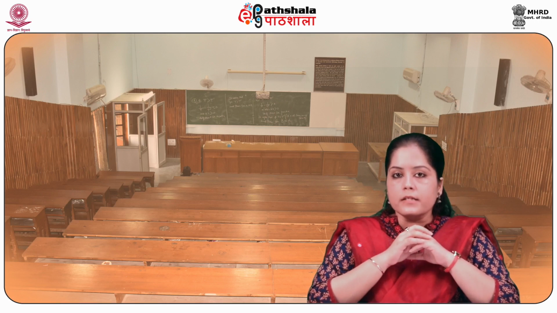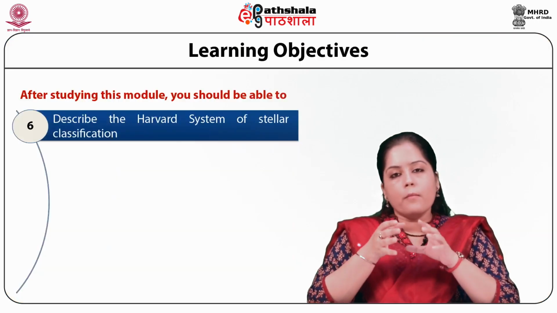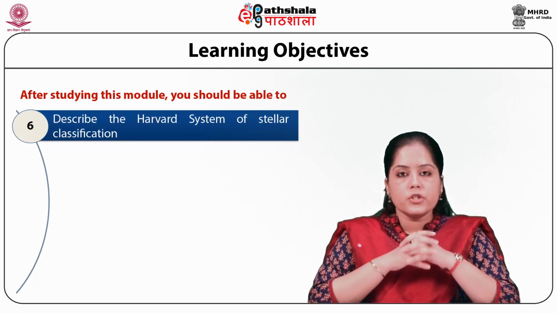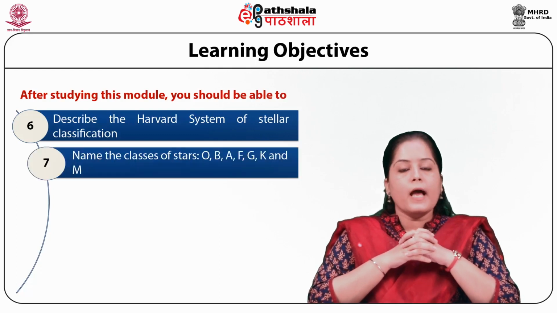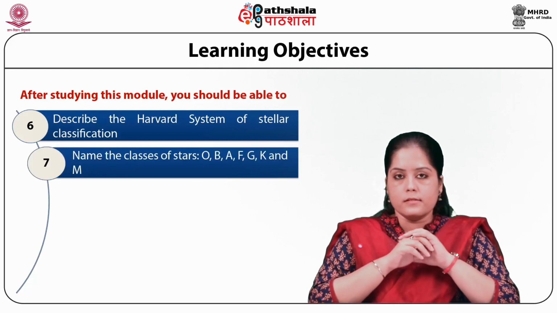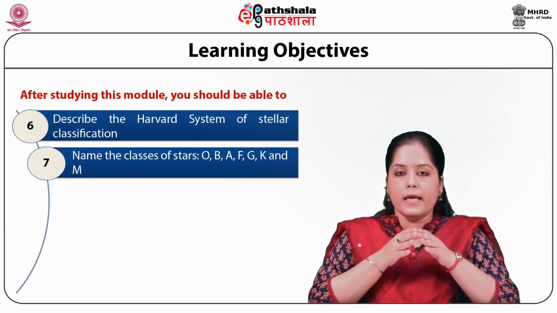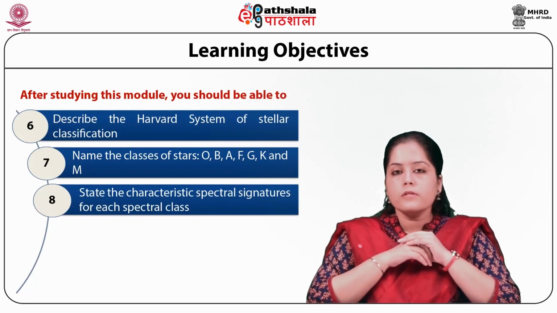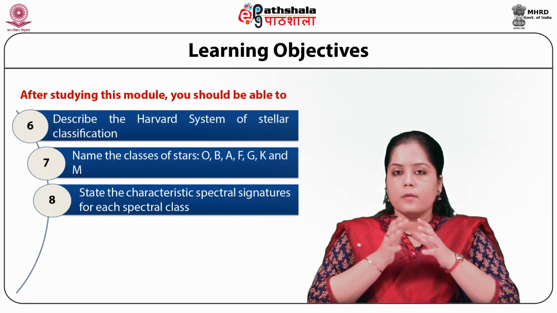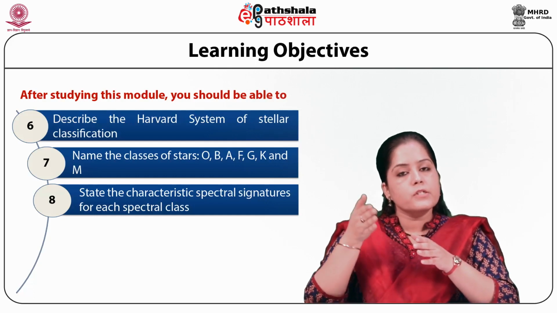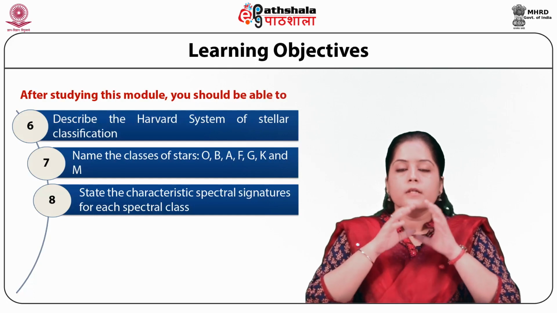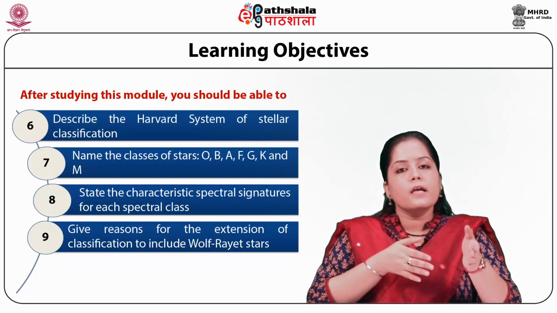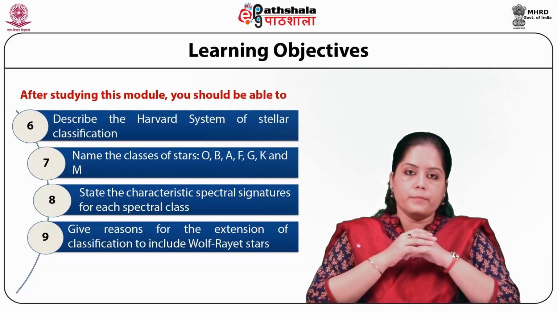Next, we will understand that based on common features in the stellar spectra, spectral classification has been developed and there are 7 major classes, that is O, B, A, F, G, K, M. Lastly, we will also learn that each class is subdivided into 10 subclasses. Thus, A0 is followed by A1 and A9 is followed by F0.